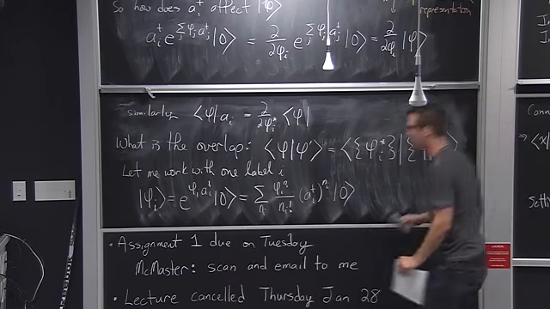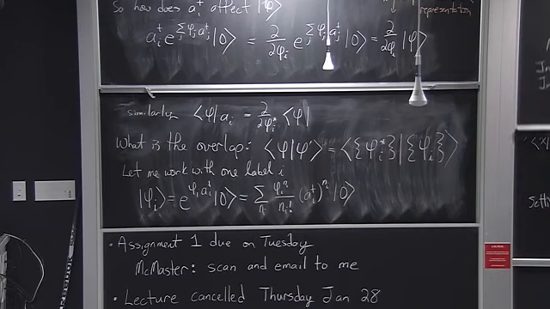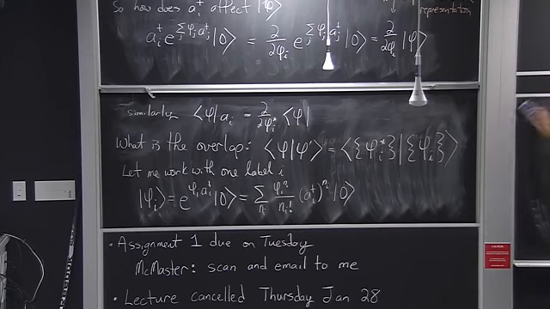Let me break up that n factorial into the product of two square roots. Okay, so let's keep going over here.